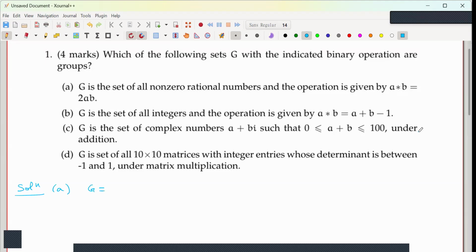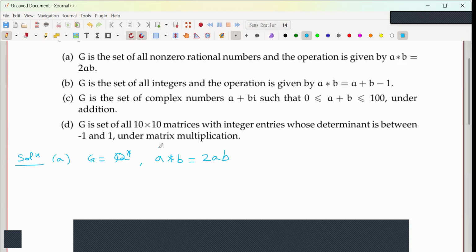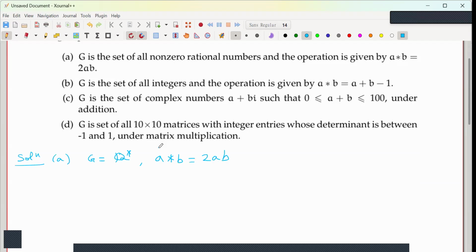So G is Q star, and two elements are composed using this multiplication rule 2AB. Definitely for any two non-zero rationals A and B, 2AB is also a non-zero rational. So G is closed under this operation. So clearly star is a binary operation.